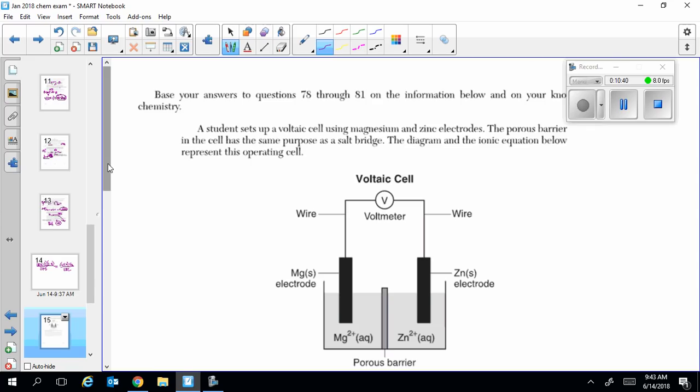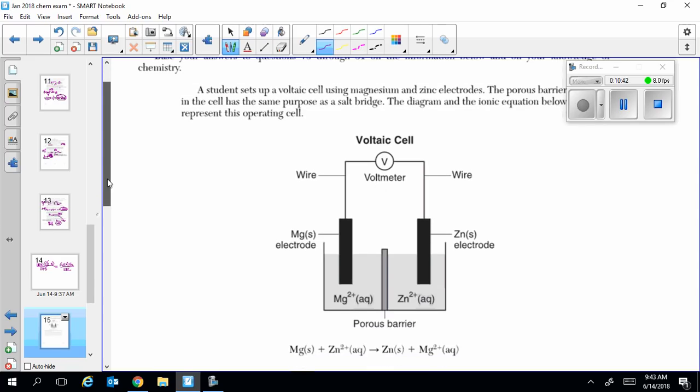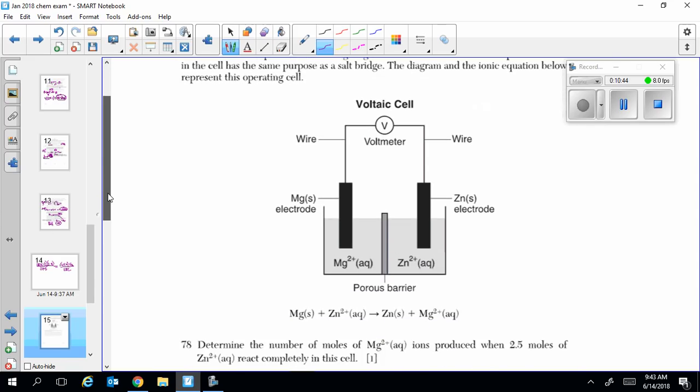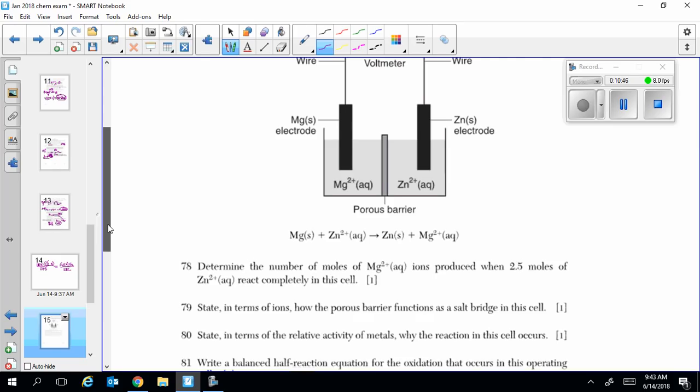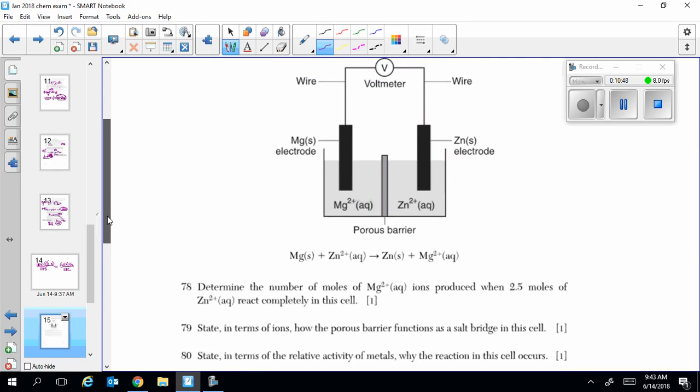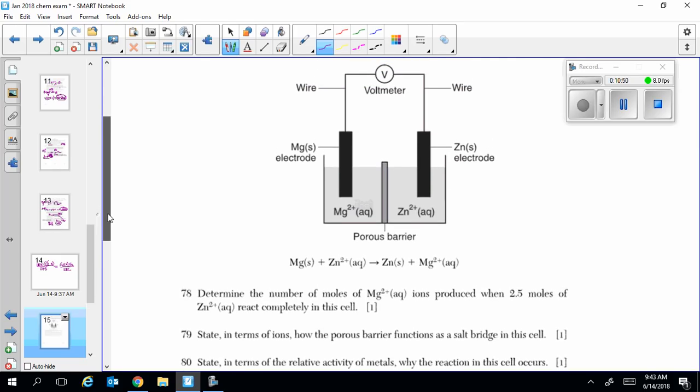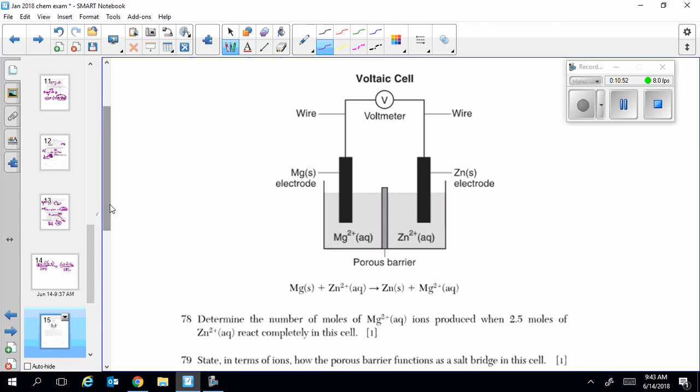Okay, a student sets up a voltaic cell using magnesium and zinc. The diagram is shown below. Determine the moles of Mg+2 ions produced when 2.5 moles of zinc react. So this is already a balanced reaction. So if I have 2.5 moles of zinc react, I would need 2.5 moles of magnesium. It's all balanced.